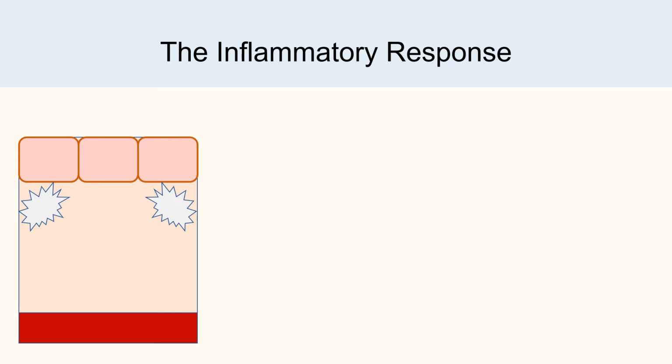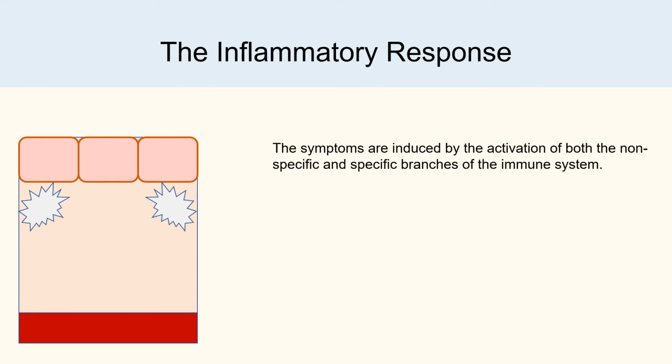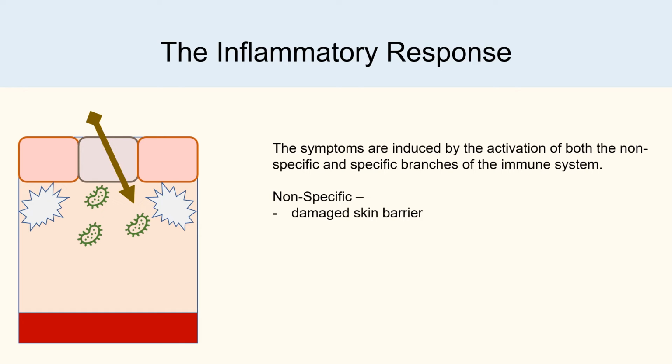Let's take a closer look at what's happening in the inflammatory response. Symptoms produced involve the activation of both non-specific and specific immune defences. Upon damage of the skin barrier, bacteria can enter into our system, and when this happens, the white blood cells called phagocytes begin the process of trying to capture and destroy invading bacteria.